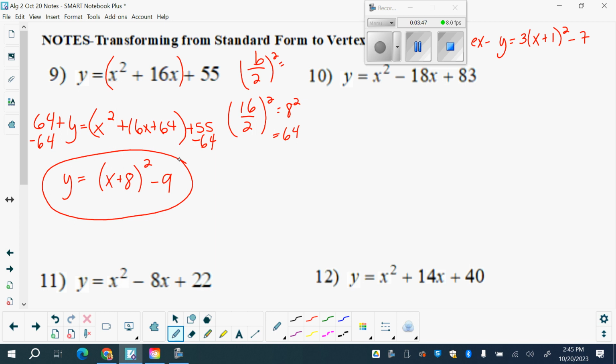So here on number 10, take our b, divide it by 2 and square it. What is our b on this one? What's b on number 10? Negative 18. So we're going to take our negative 18, divide it by 2, and square it.